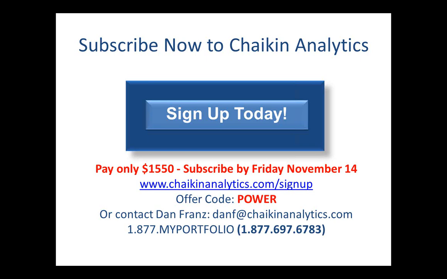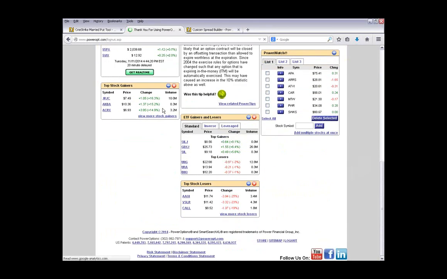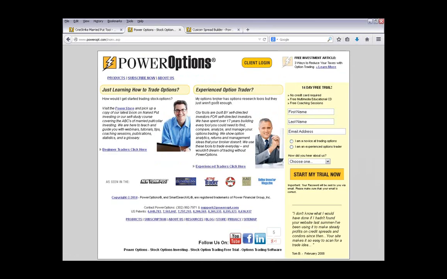And what we wanted to do here is I wanted to show everyone, let me log out here. Let's just go to Power Options. For those of you interested in the Power Options tools, I want you to know that you can sign up for a 14-day free trial at any time. Just go to PowerOpt.com.